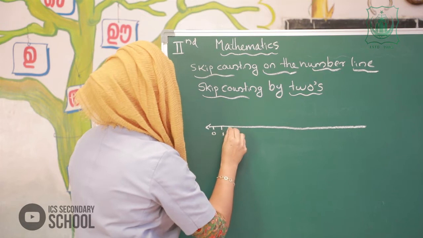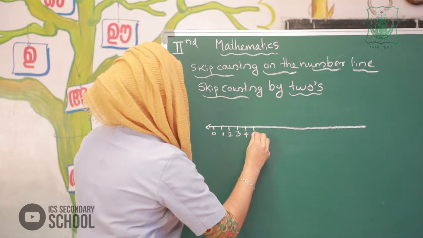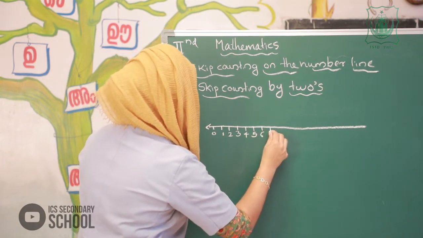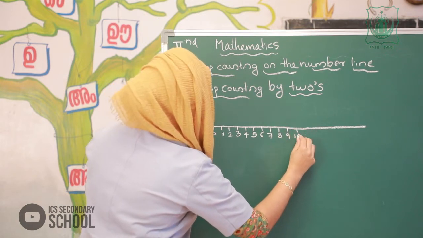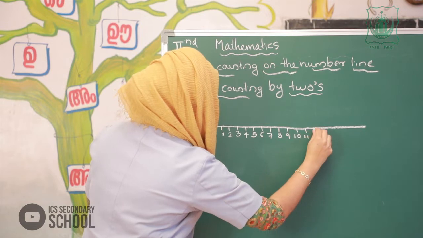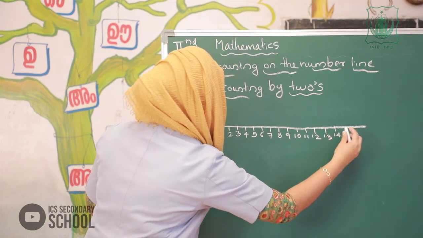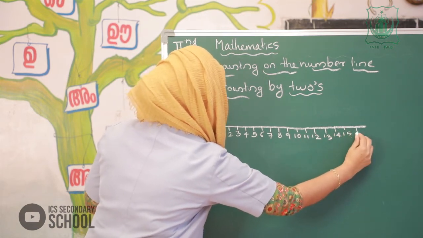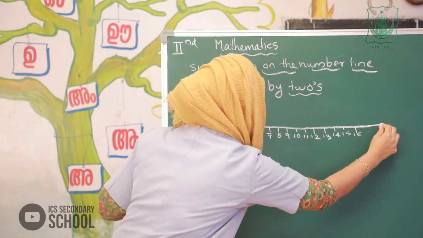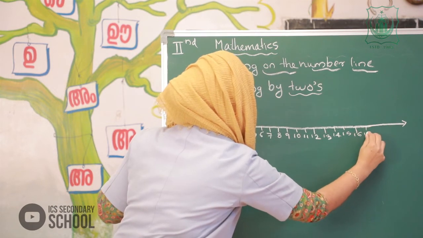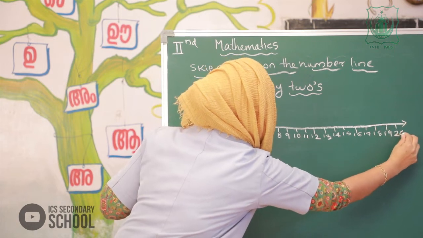1, 2, 3, 4, 5, 6, 7, 8, 9, 10, 11, 12, 13, 14, 15, 16, 17, 18, up to 20.